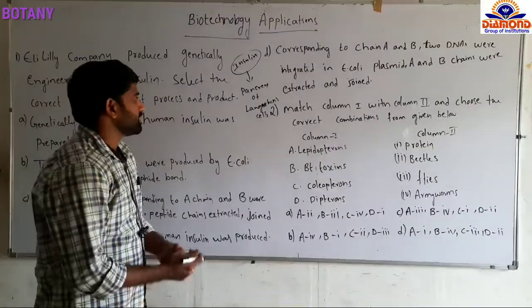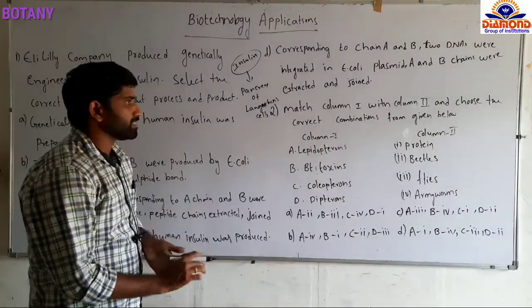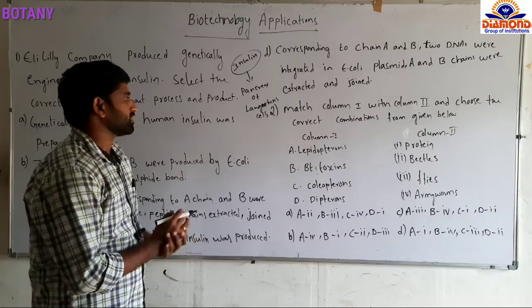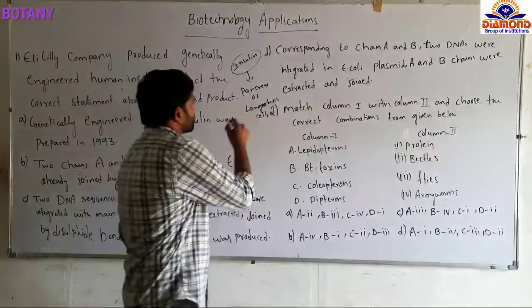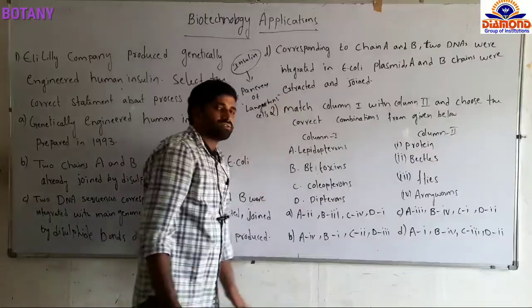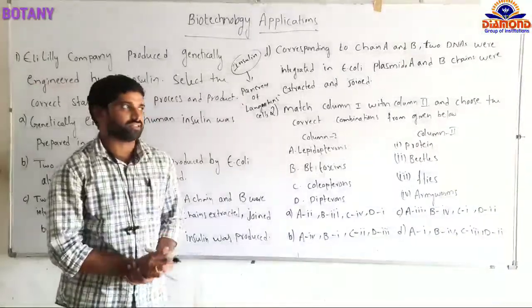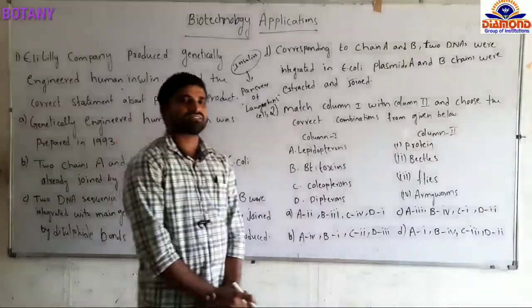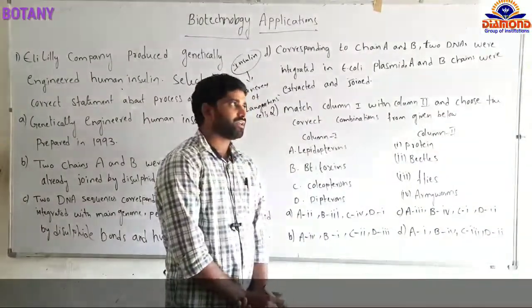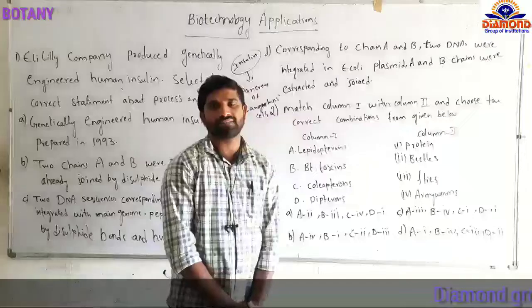So insulin is a hormone produced from the pancreas. What is the use of this insulin? Insulin can maintain the sugar levels, otherwise glucose levels, in the blood. If the insulin concentration decreases in the body, human beings get the diabetes disease.